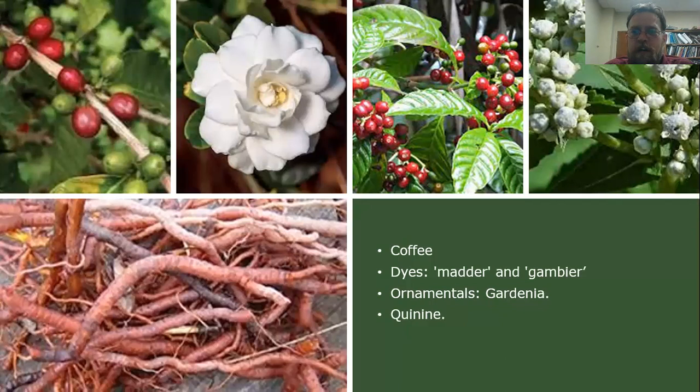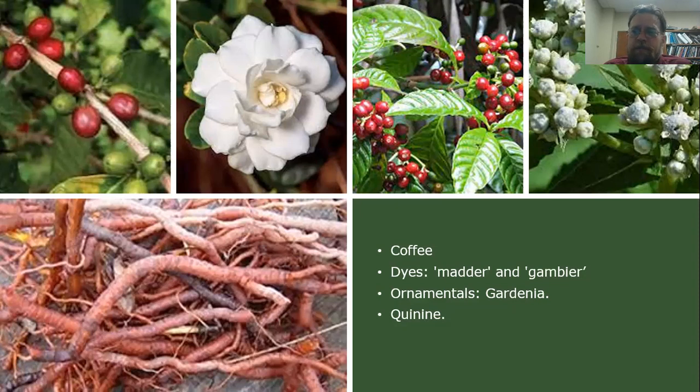You can see a picture of the coffee berries up there in the top left. It's also where we get some very important ornamental plants, the gardenias, and some dyes. So madder, which is the red roots that you see there, and gambier, which are again red berries, excuse me, up there are dyes that are used for clothing and other things.